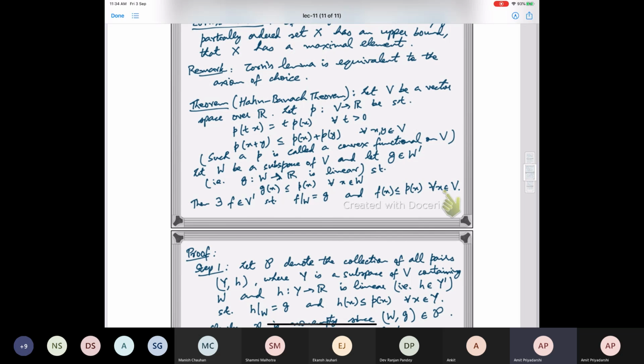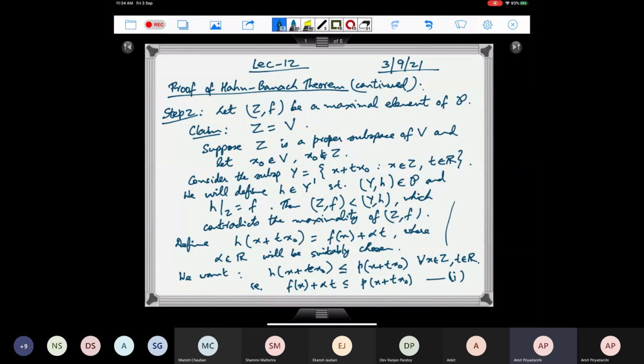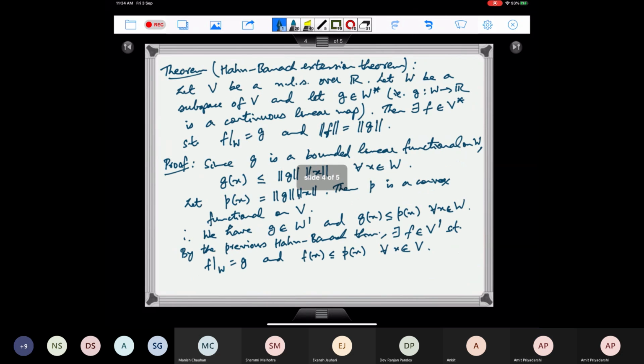But what we are going to show is that for this extension theorem that I mentioned, for a normed linear space, what we are saying is that if we have any normed linear space over R and G is a bounded linear functional on subspace W, then this can be extended to a bounded linear functional on the whole space V, which is an extension of this G, and norm of F is equal to norm G. Of course, this theorem makes sense for complex also, right?